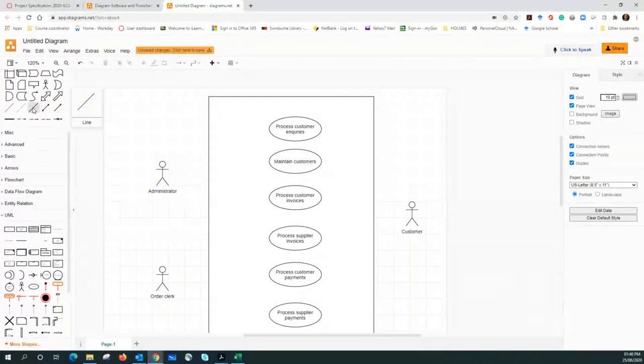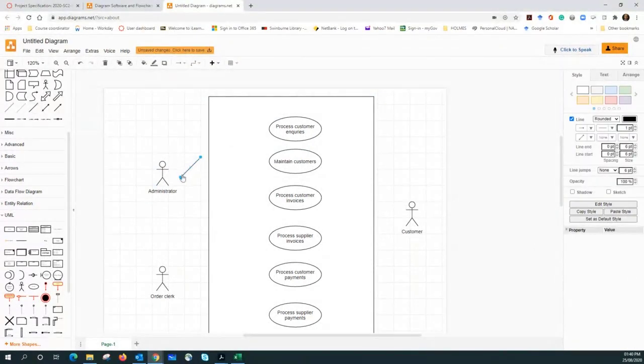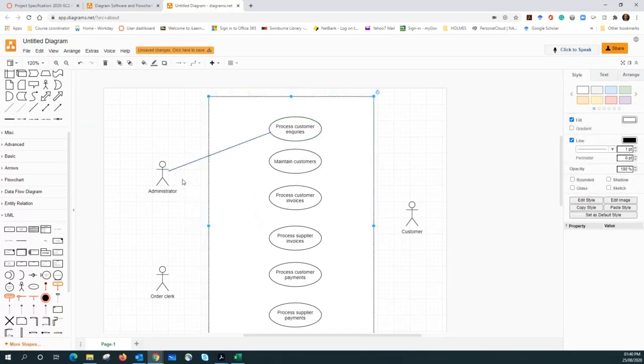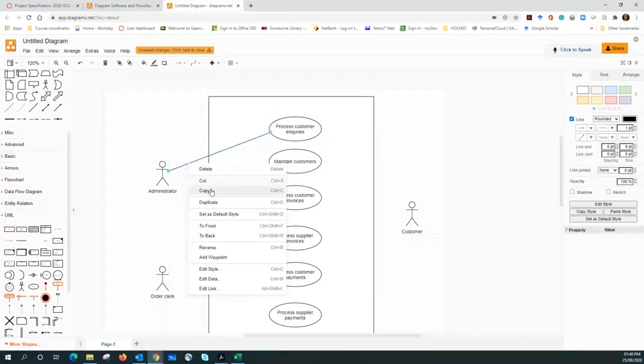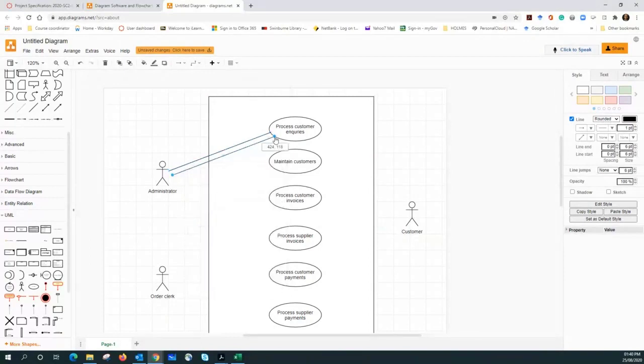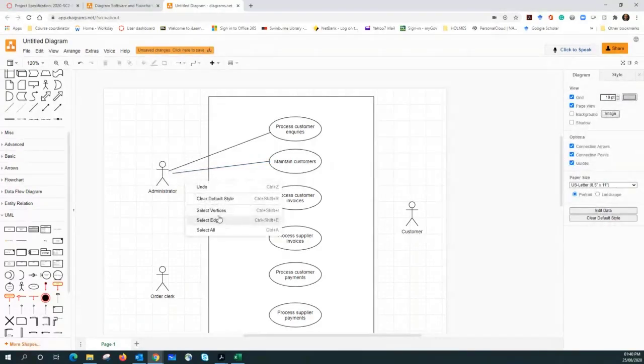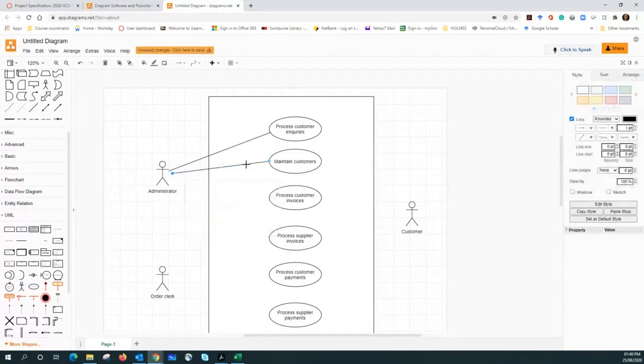Then I can use one of these lines. Can I take this line? Yeah. So I can duplicate another line here. And duplicate.